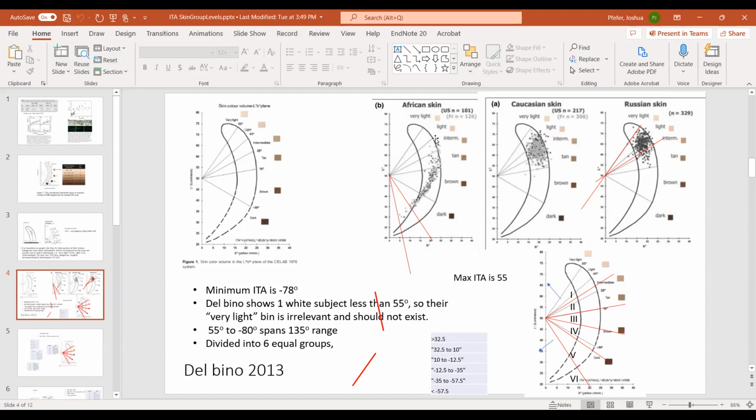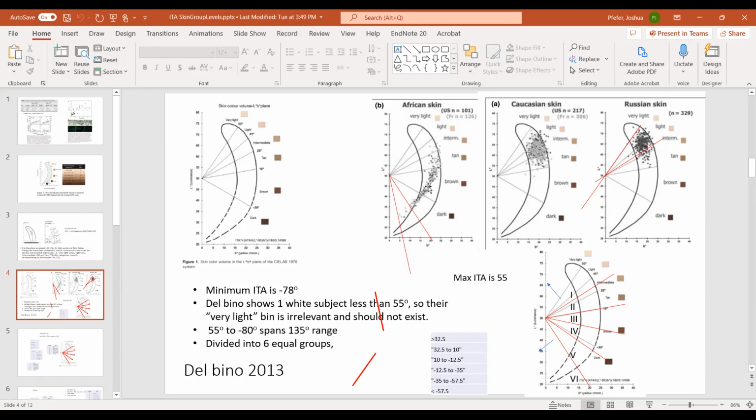So in terms of binning, I like the idea of saying, okay, there's this full range of human melanin content levels. Let's set up the maximum, the minimum, and just divide that into equal categories by equal levels of melanin, or bin by equal delta ITA levels.